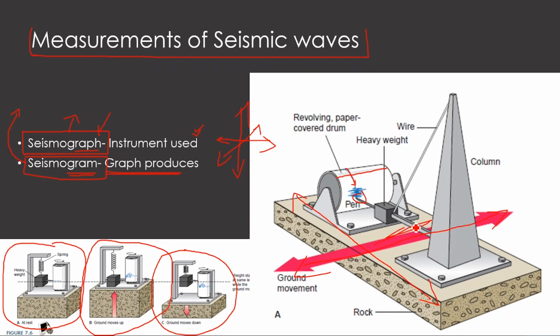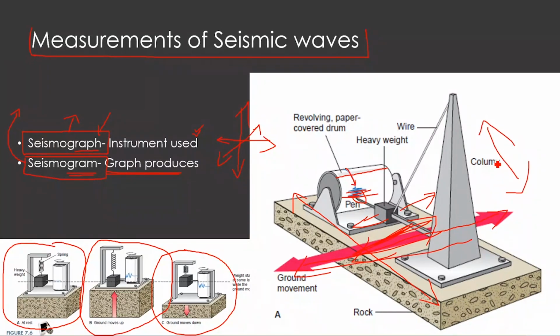But when there is a vibration in this plane, this pendulum will move forward and backward. As a result, it will create a vibration, so the movement will be recorded on this paper.